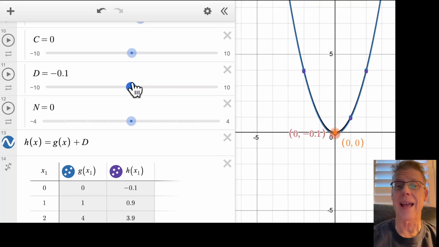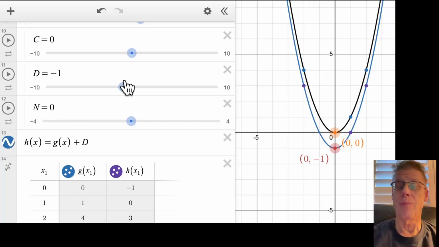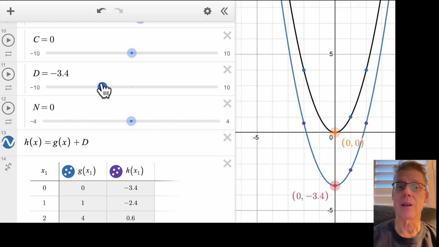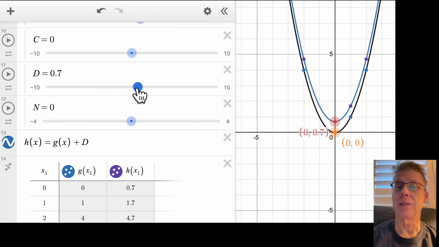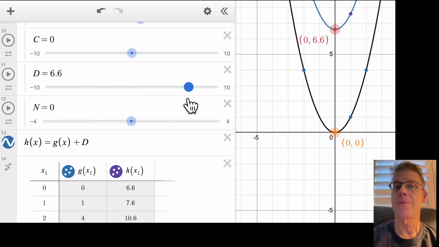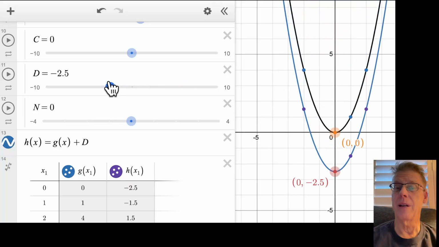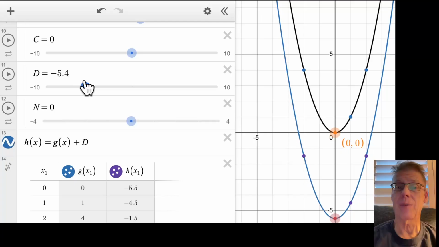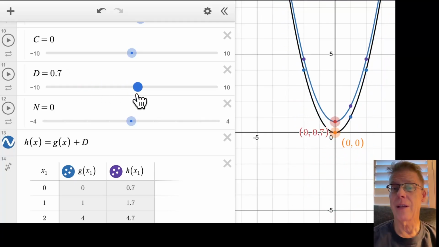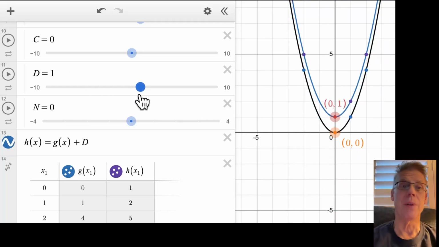And if I actually add a negative number, or if you want to say instead of adding a negative, I'm subtracting, in this case 1, it's going to be below where it was before. The lesser the number is that you're adding, the lower the graph is. And that makes sense. Positive is going up, bigger and bigger. Negative would be going down, lower and lower, the larger that negative number is in absolute value. Everything is kind of the way you would think it would be.